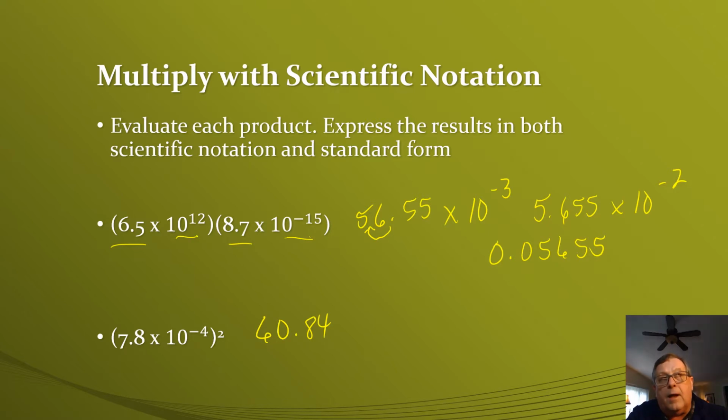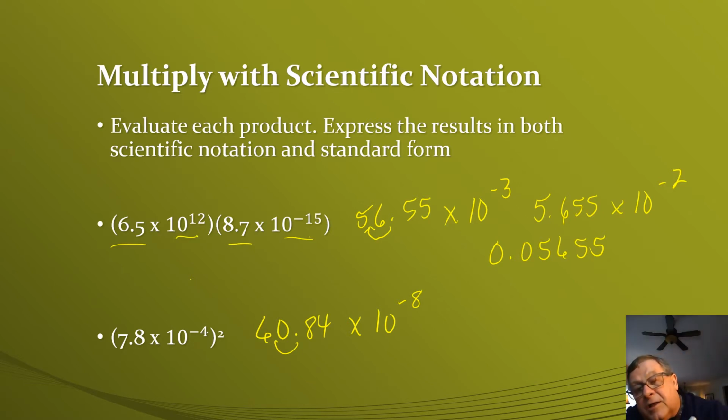And then I've got the power of a power. Okay, well, when I got a power of a power, I multiply the exponent. So now this is going to be times 10 to the negative 4 times 2, which is negative 8. But once again, I'm going to have to move this decimal, let's say initially, one place to the left.